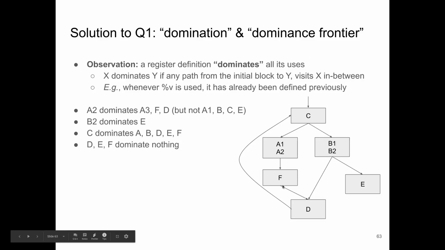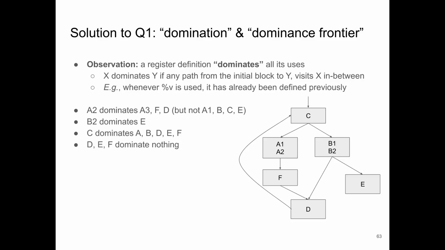A dominates F because all paths from the initial block C to F have A in between, because F can be reached only by A. But B doesn't dominate F because there is a path from C to F, C, A, F, that doesn't visit B. So using this word, domination, we can say that all register definitions should dominate all their uses.